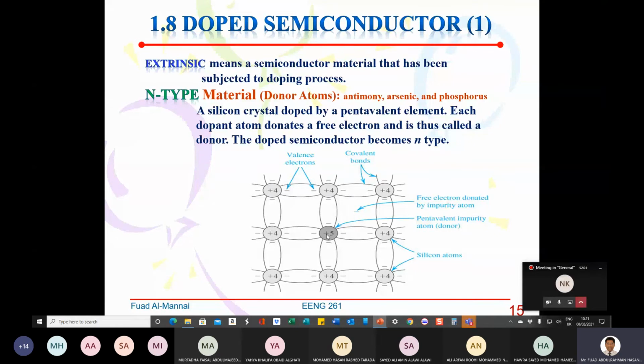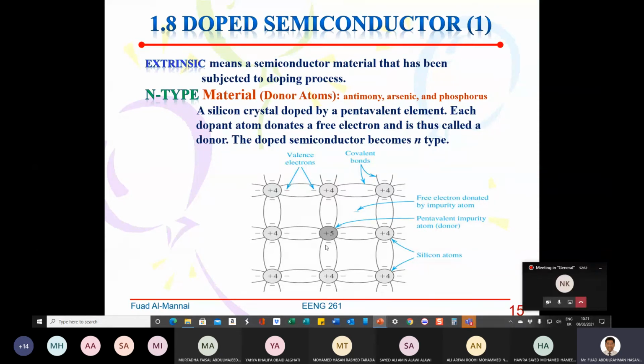pure semiconductor, carefully measured. Why? Because we want to carefully introduce this. The amount of the impurity is measured carefully by a computer. The computer will measure it and drop this material, either phosphorus or arsenic or antimony, on the pure semiconductor material.